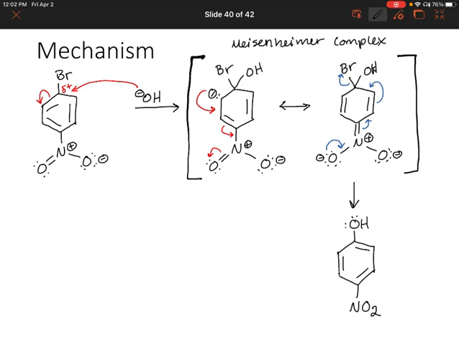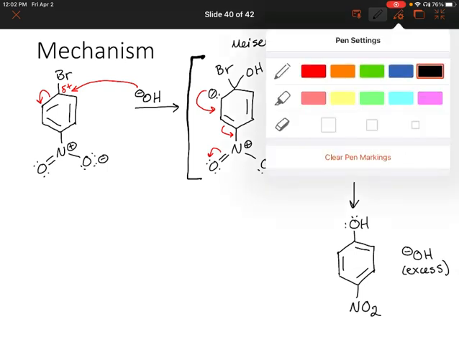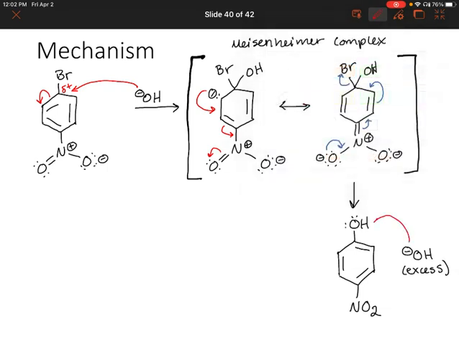All right, so unfortunately in this reaction we have excess nucleophile which could act as a base. So that excess nucleophile can take that proton on our alcohol group. So that means we end up with a negatively charged oxygen.